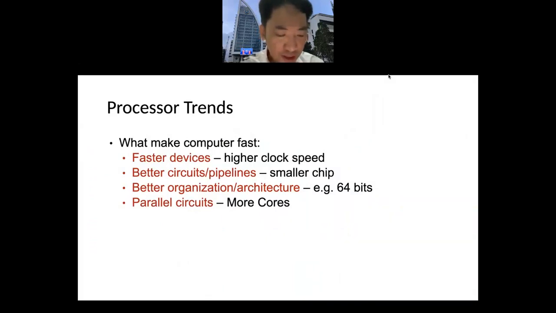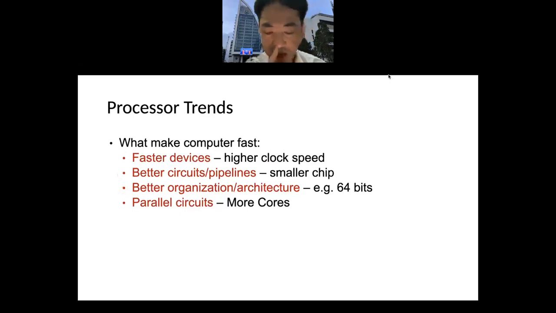And here is the very brief summary of how to make the computer fast. You can use faster devices. For example, you can use a higher frequency CPU, or you can use better circuits, or you can use a much more modern computer organization or architecture.